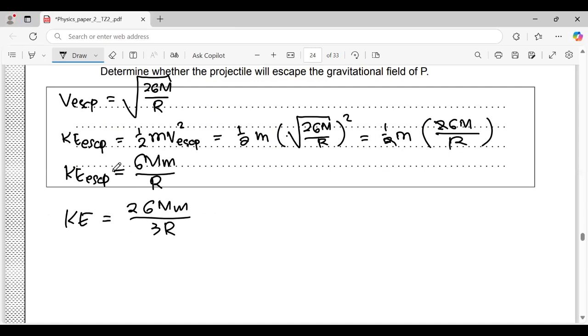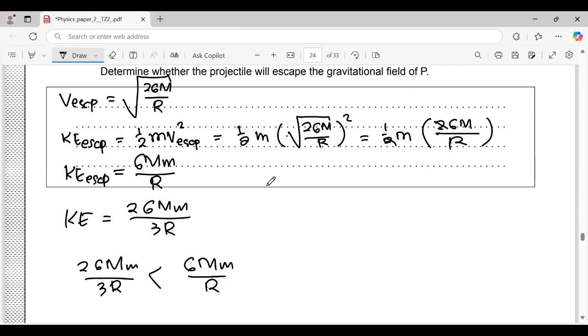If we compare the two, the kinetic energy to escape is greater than the kinetic energy when the projectile is launched. So 2GMm over 3r is less than GMm over r.